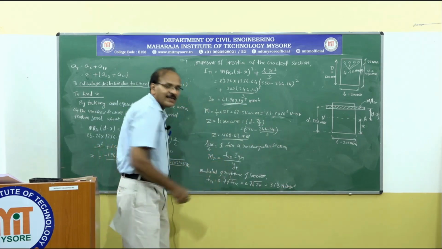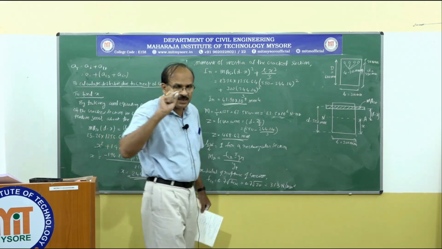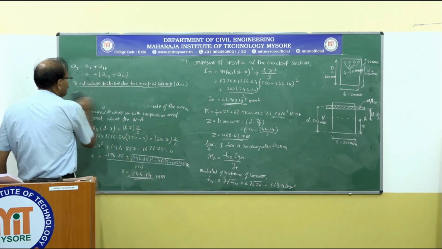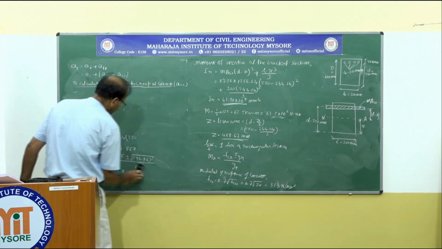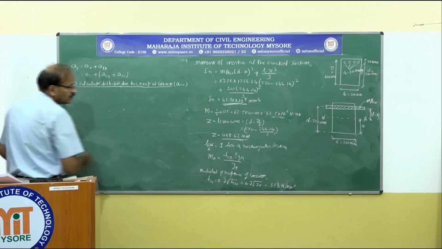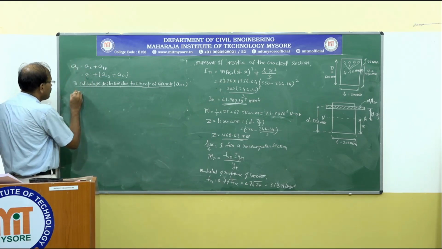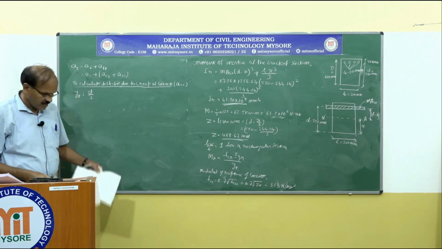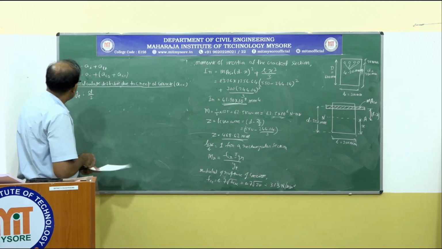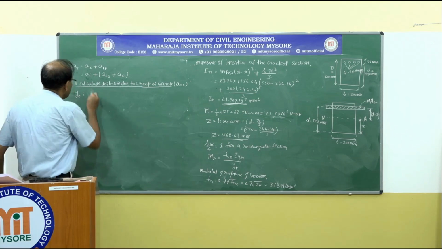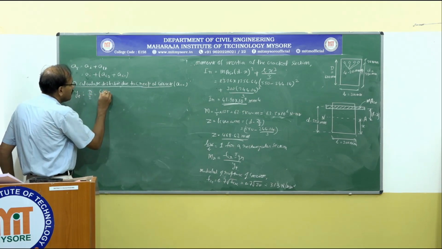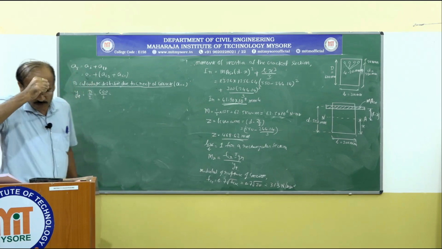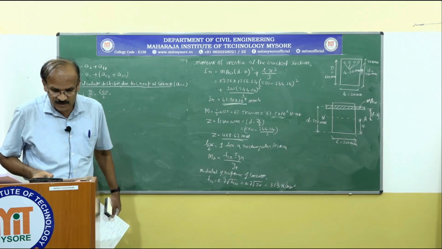Then what is yt? That is the distance of the extreme fiber from the neutral axis. So yt equal to D by 2, that is capital D by 2, 600 by 2, that is equal to 300.